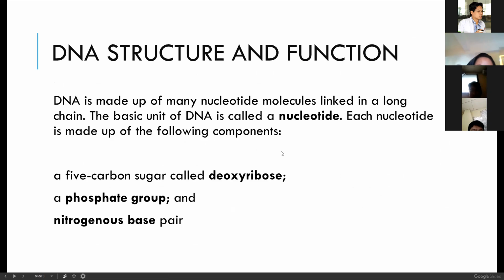DNA structure. DNA is made up of many nucleotides linked in a long chain. The basic unit of DNA is called a nucleotide. Each nucleotide is made up of a 5-carbon sugar called deoxyribose, a phosphate group, and a nitrogenous base.